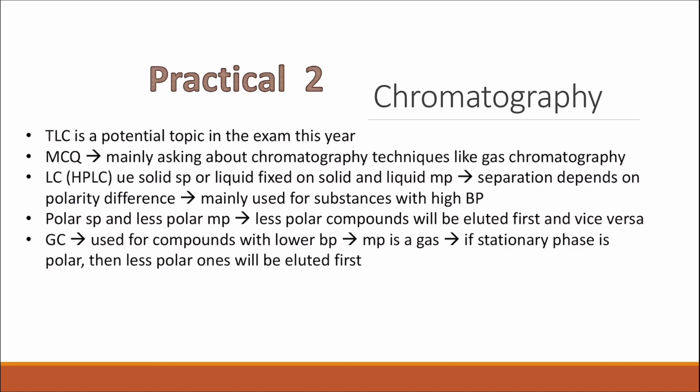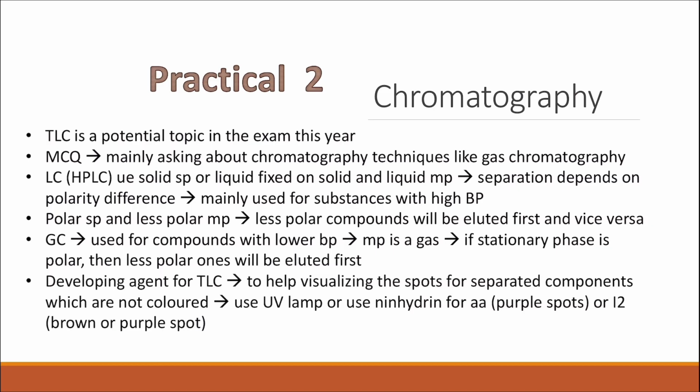It doesn't play any role in dissolving the components because it's just an inert gas. So the main factor affecting the separation of the components is the polarity of the stationary phase. If you have a more polar stationary phase, then the more polar components will be retained more on it, and the less polar ones will move faster, and vice versa. So if the stationary phase is less polar or non-polar, then the polar components will be eluted first.